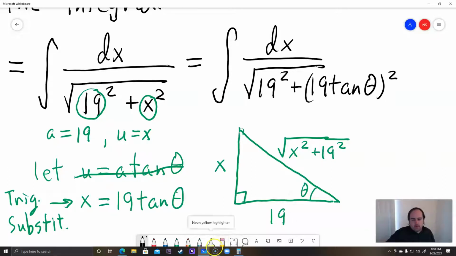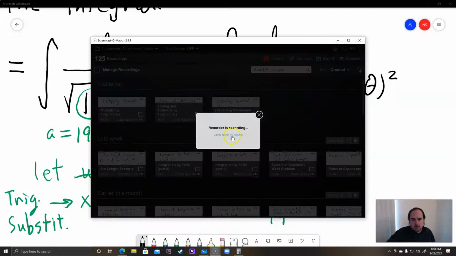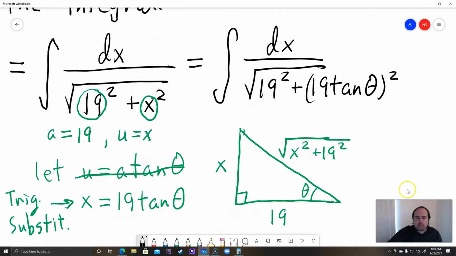Okay, and then from there we notice that we have a bit of a problem. If you look at this integral that I'm trying to do here, on the bottom we've gotten rid of x, because we did a trigonometric substitution, x equals 19 tangent of theta. So now our variable is theta on the bottom here, but on the top we're still in terms of x, and that's no good.